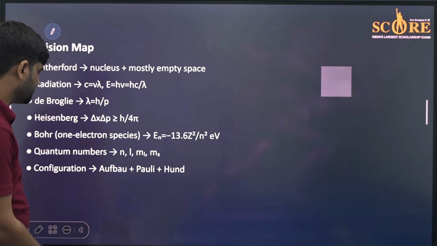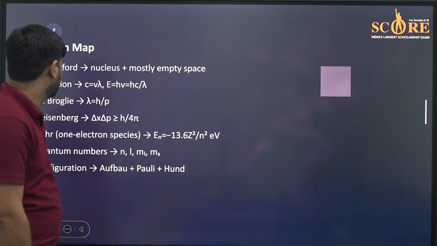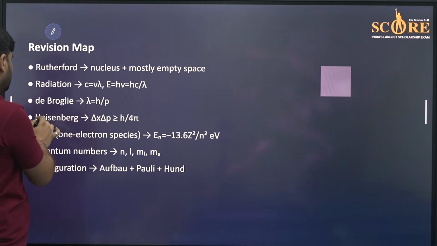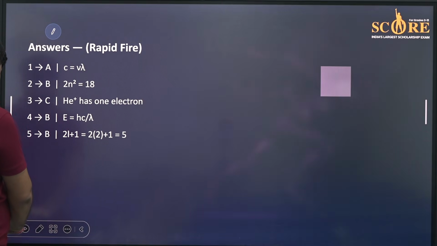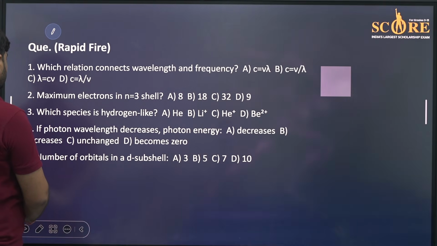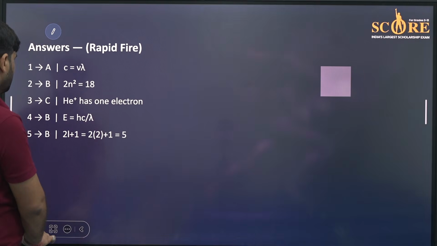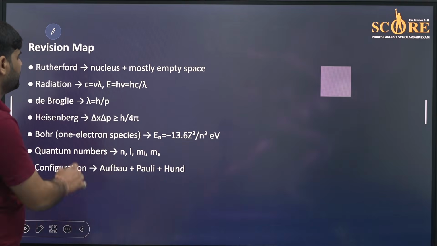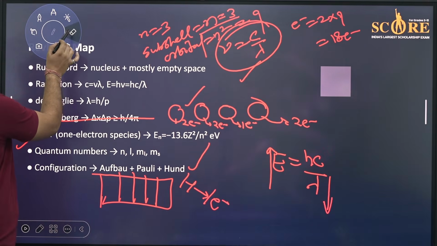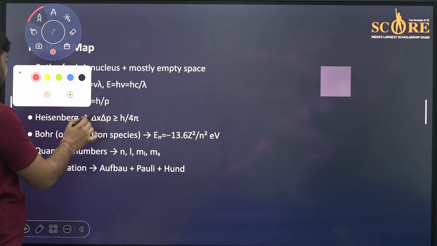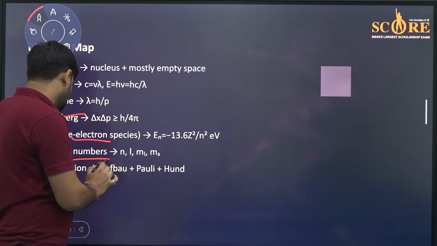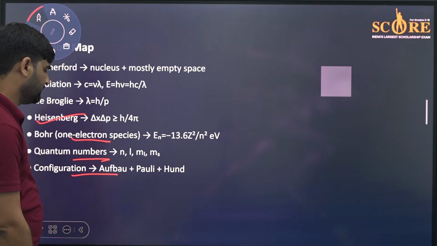What we have discussed in the entire chapter: Rutherford model, radiation, de Broglie concept, Heisenberg's uncertainty principle, Bohr theories, quantum model, and the 3 rules related to electronic configuration.